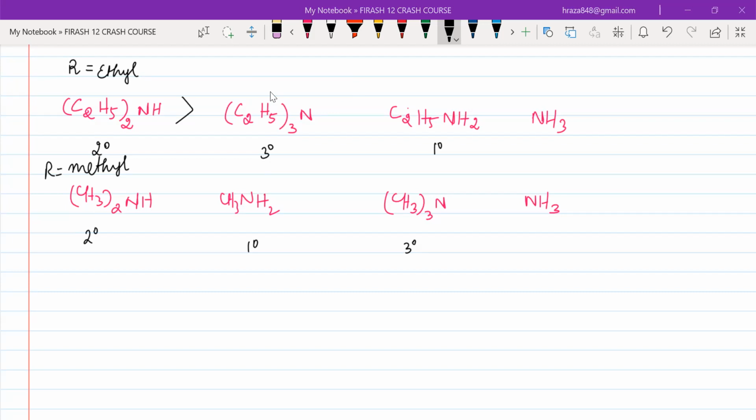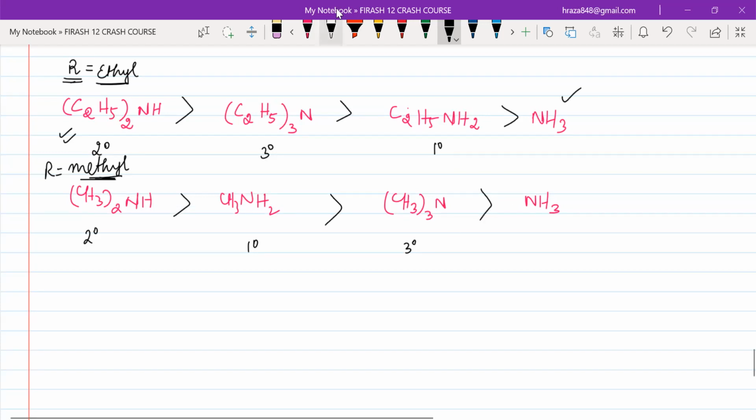Now it's okay. So Firaz, if you have ethyl as R, that is the alkyl group, then secondary amine is more basic than tertiary, and then primary amine comes, and then ammonia. And if R is methyl, then secondary is again the most basic, then primary, and then tertiary.